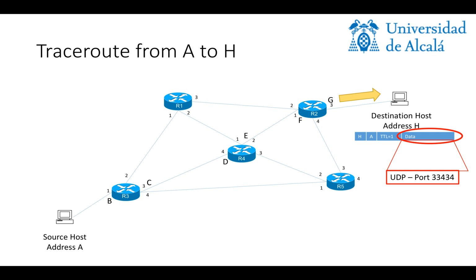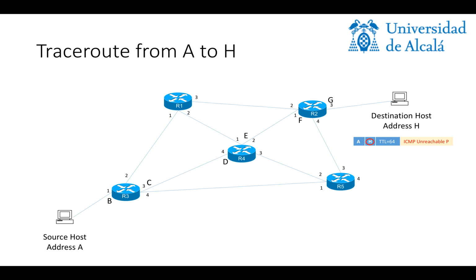As a result, since there is no service listening in port 33434, H is going to send back an ICMP packet, which is called port unreachable, with source address H. And this ICMP packet will travel again, jumping through the network through the 4 routers again, getting finally back to A.